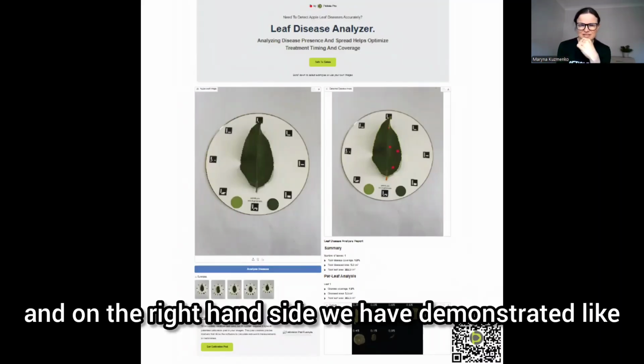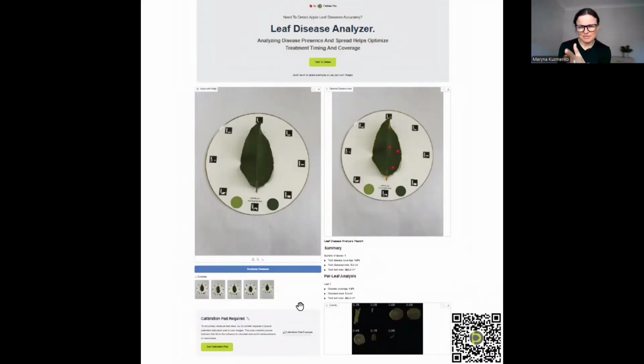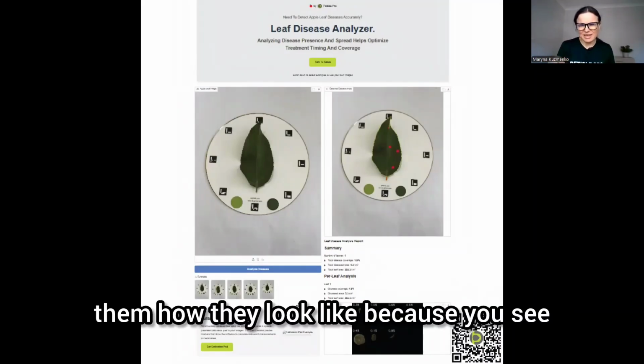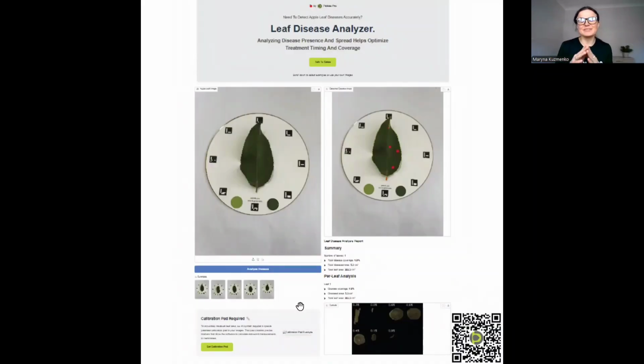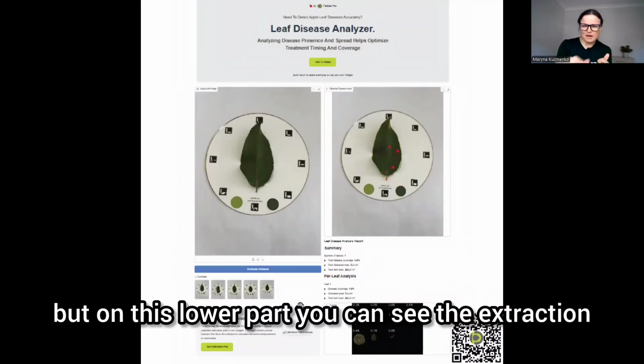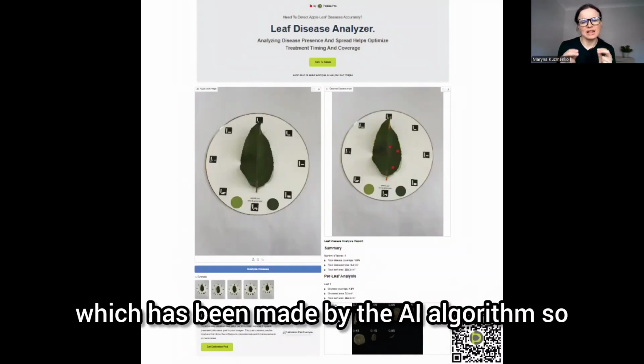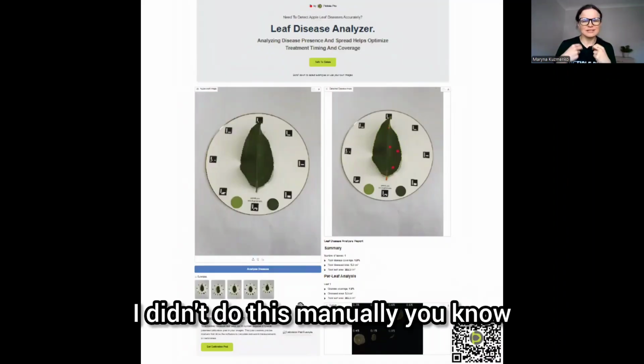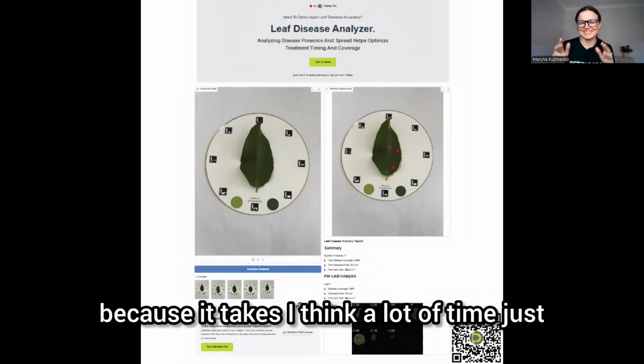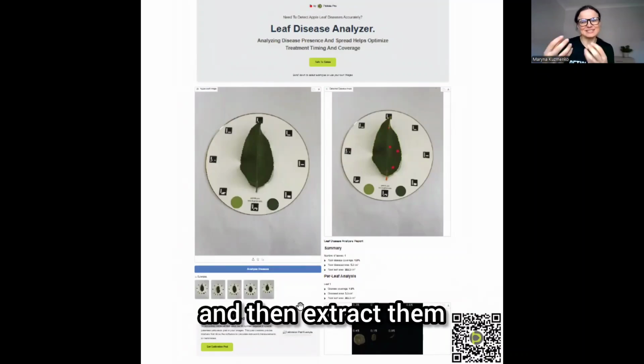On the right hand side, we have demonstrated how they look, because obviously it's very difficult to see, but on the lower part you can see the extraction made by the AI algorithm. I didn't do this manually, because it takes a lot of time to find these lesions and then extract them.